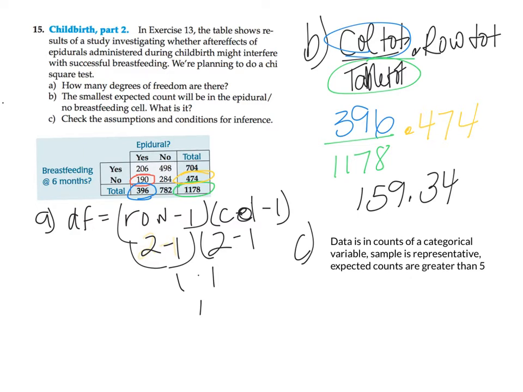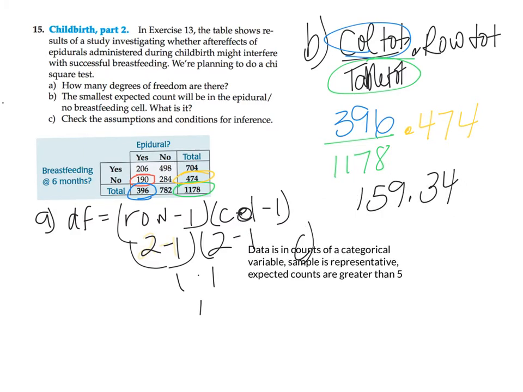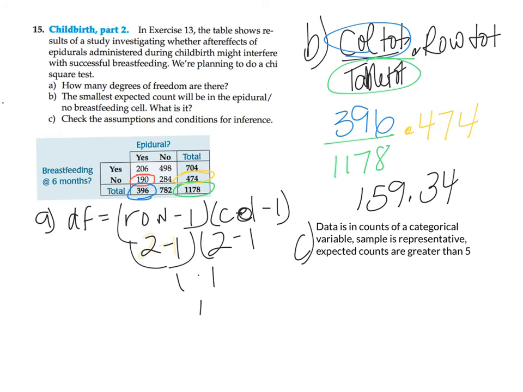So since conditions are met, I'm going to spell out chi-squared because I don't have a chi button on here.